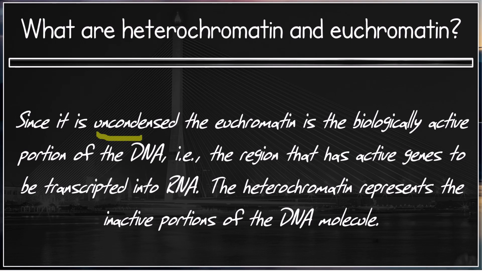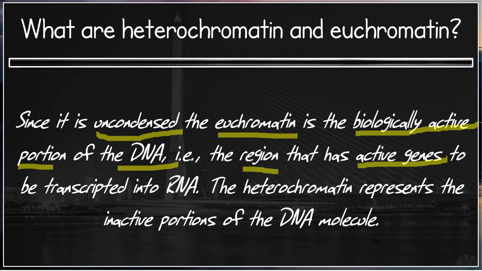Since it is uncondensed, euchromatin is the biologically active portion of the DNA. That is the region that has active genes to be transcribed into RNA. The heterochromatin represents the inactive portion of the DNA molecule.